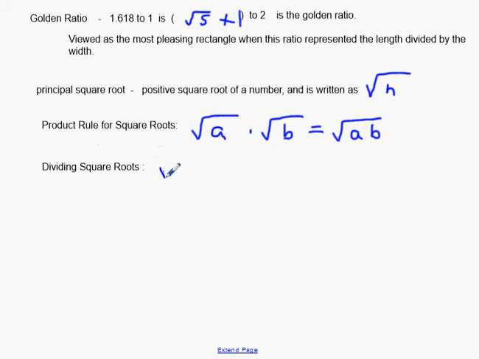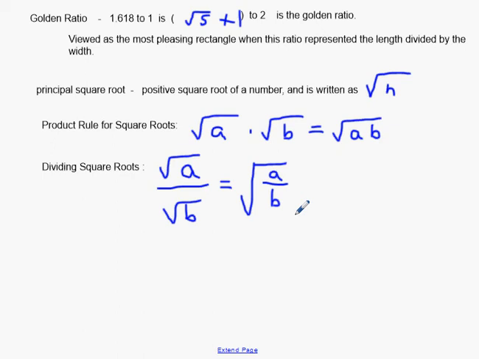So, if we have the square root of A over the square root of B, that's equal to the square root of the fraction A over B. So these two expressions are equal to each other. The quotient of two square roots is the square root of the quotient.